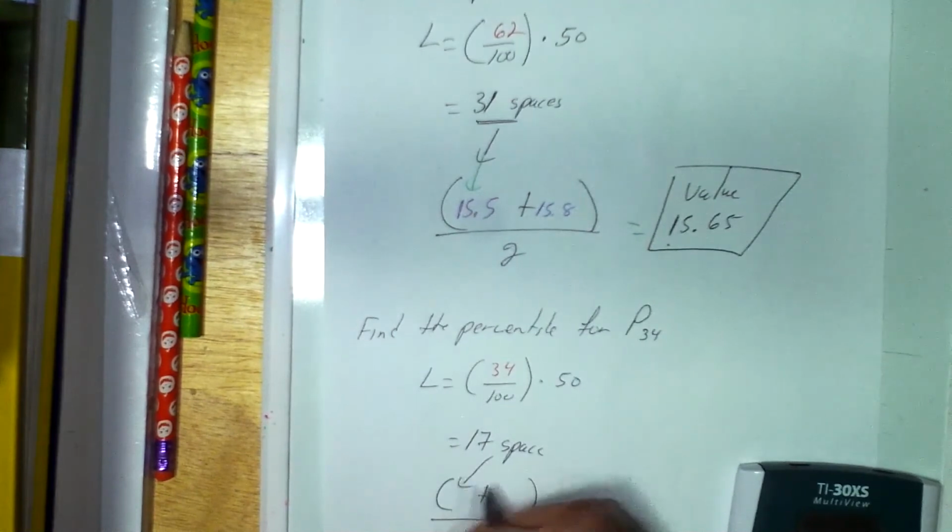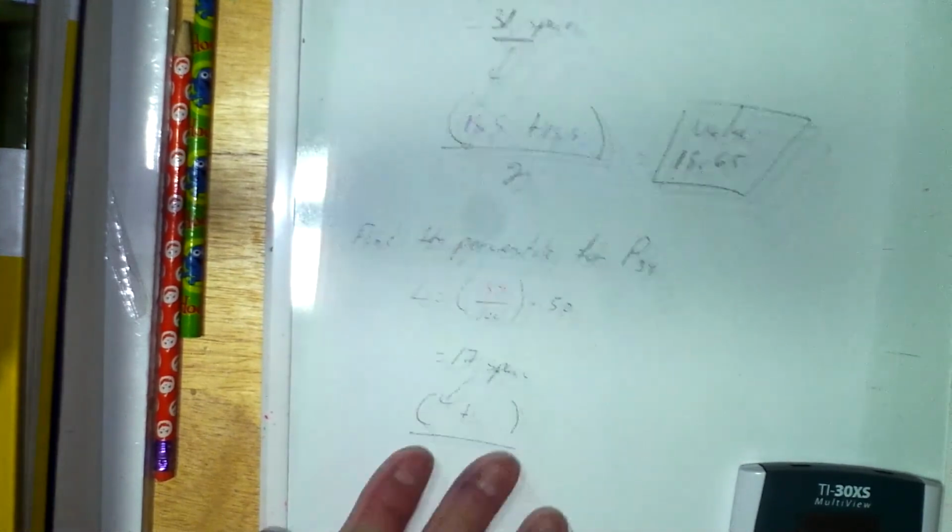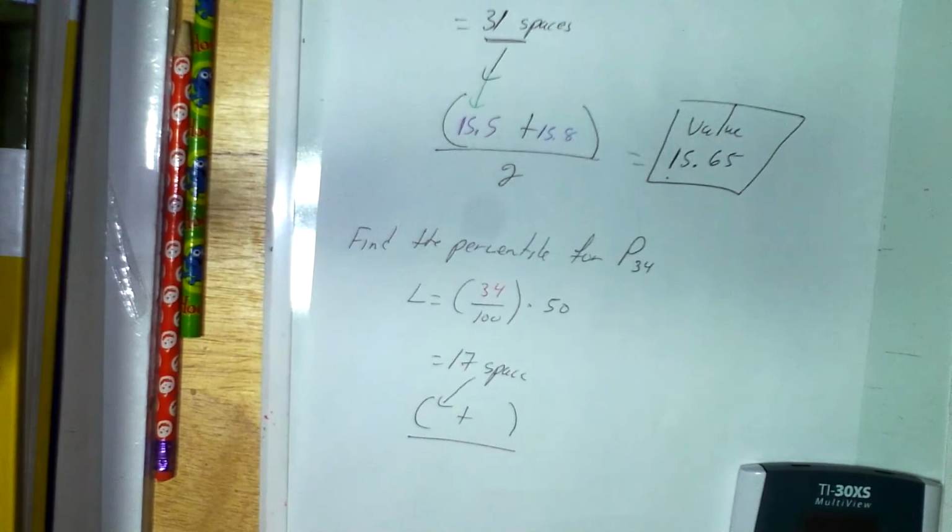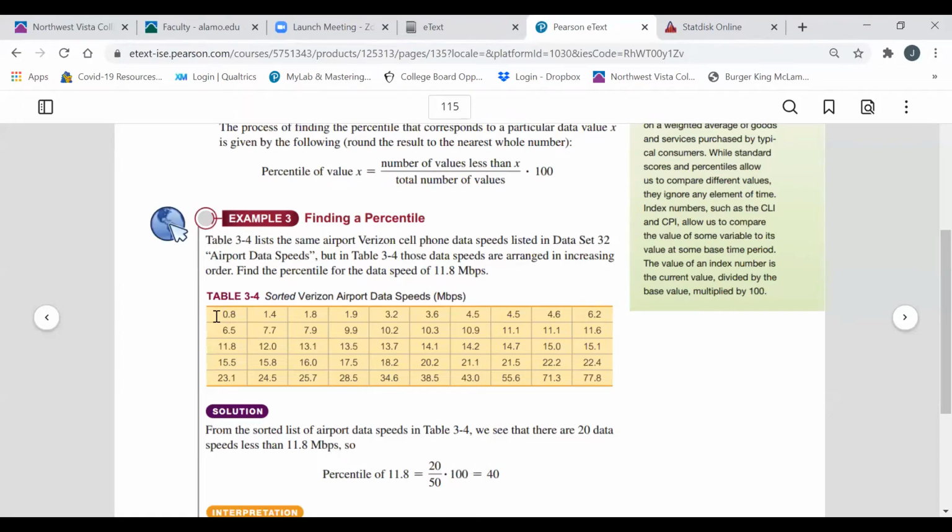What is the 17th value on the list? 17th space. Let's see, what's the 17th value on the list? 1, 2, 3, 4, 5, 6, 7, 8, 9, 10, 11, 12, 13, 14, 15, 16, 17.